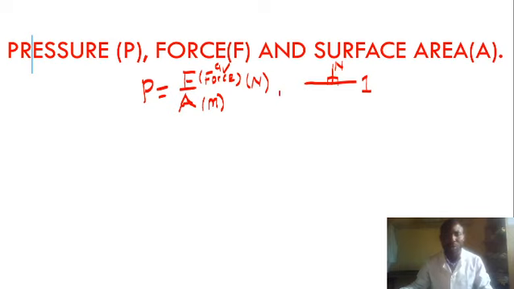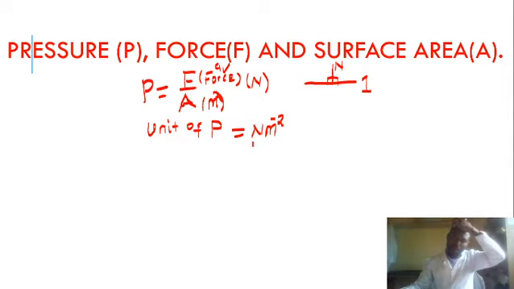So the unit of pressure: P will be equal to the unit of force, which is Newton, per the unit of area, which is meter squared. So Newton per meter squared.